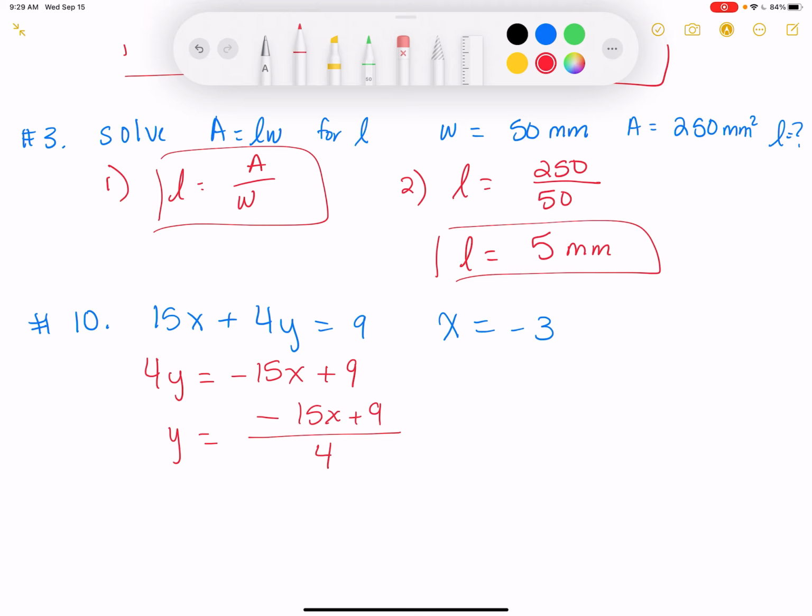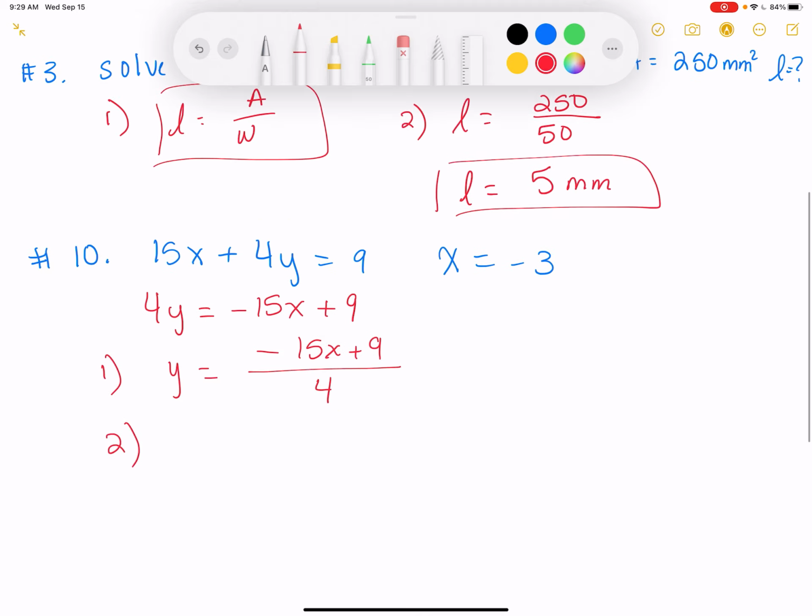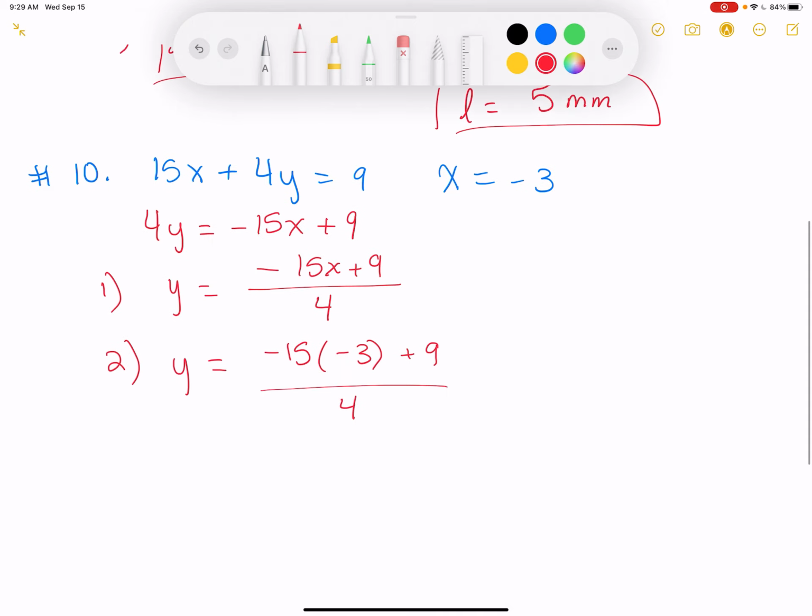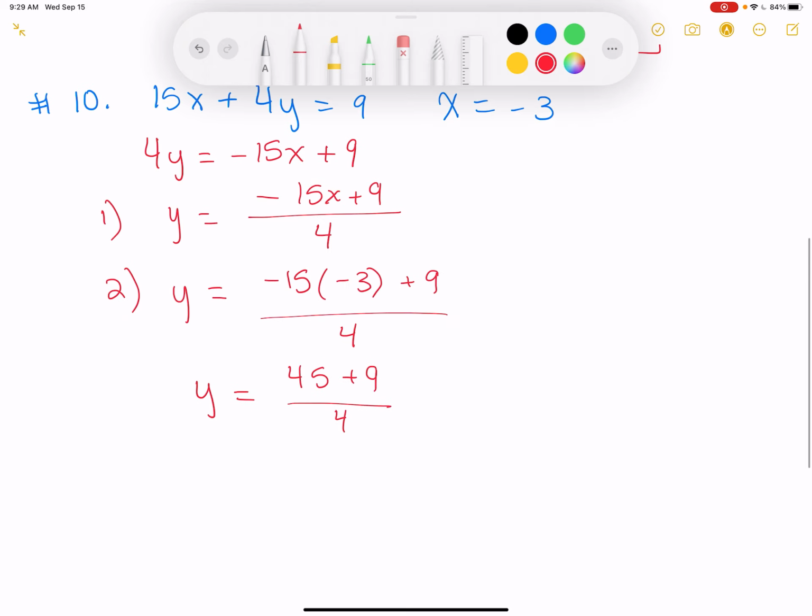So that's part 1. Part 2 says to plug in this value of x. So y is equal to negative 15 times negative 3 plus 9 divided by 4. So y is equal to 45 plus 9 divided by 4. So y is equal to 54 over 4, and we can simplify that down.